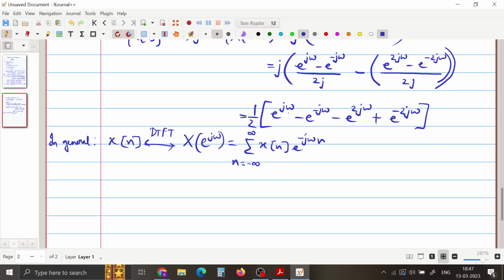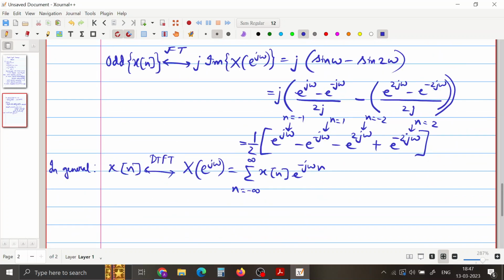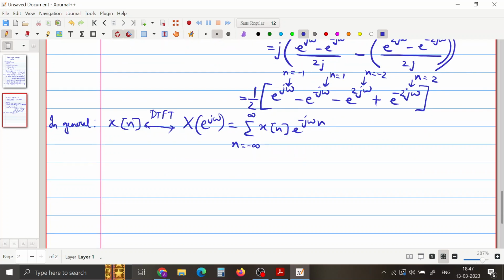Sorry, we are dealing with the odd part of x of n. So the odd part of x of n is a length 4 sequence, and it has samples only at these indices: n equals minus 1, n equals 1, n equals minus 2, and n equals 2.